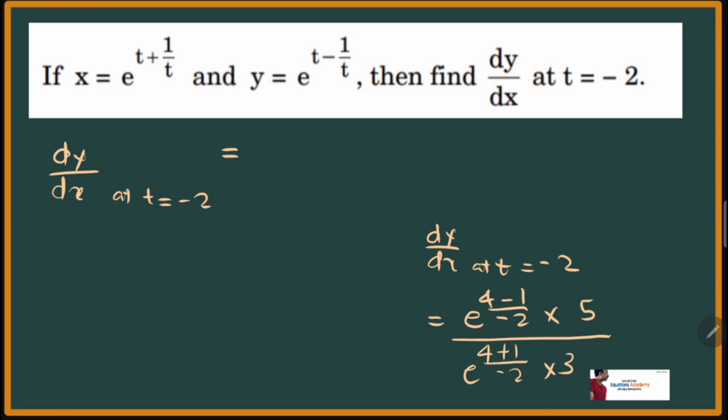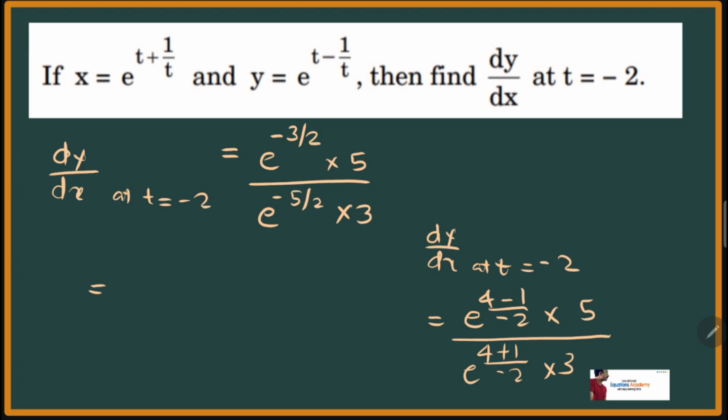This is equal to e raised to 4 minus 1 by minus 2, so e raised to minus 3 by 2 into 5, divided by e raised to 4 plus 1 by minus 2, 4 plus 1 is 5, so e raised to minus 5 by 2 into 3.